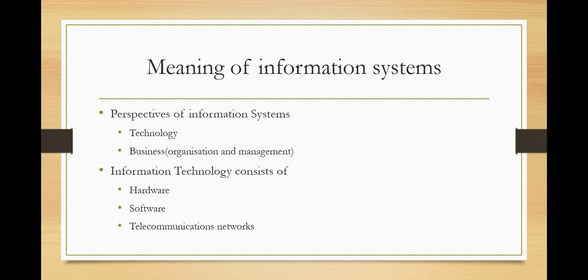It includes all the things such as computer machines, the storage devices or the mobile devices, etc. Also the software such as system software like operating systems, Windows, Linux, Mac OS, etc. or application software like Microsoft Office, desktop productivity suite or other software. And also this information technology consists of telecommunications networks. So that is the perspective of information system.